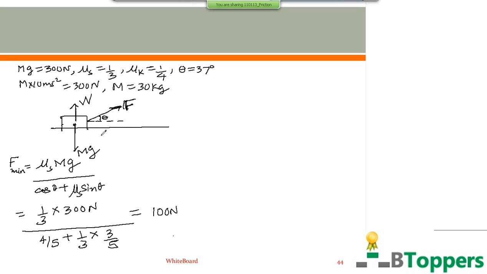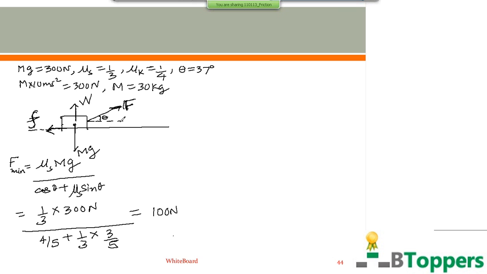The pulling force applied on the block tends to move the block towards right relative to the floor. Therefore, frictional force on the block by the floor acts towards left side.